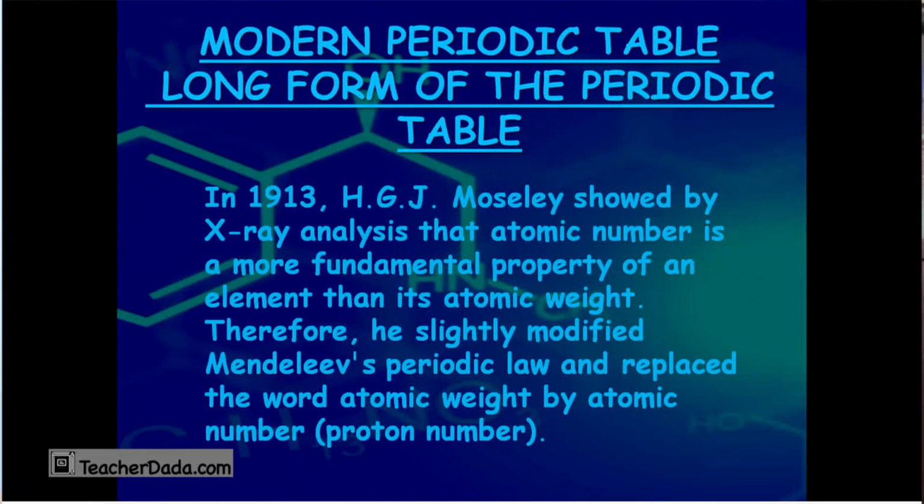In 1913, Moseley did some experiments with X-ray analysis, and then he said that instead of atomic mass, atomic number is a more fundamental property of an element.